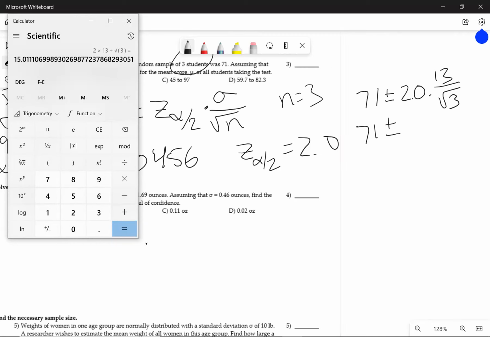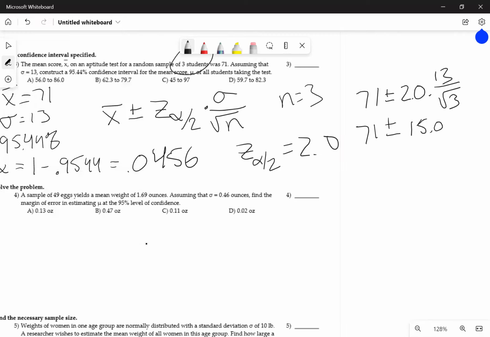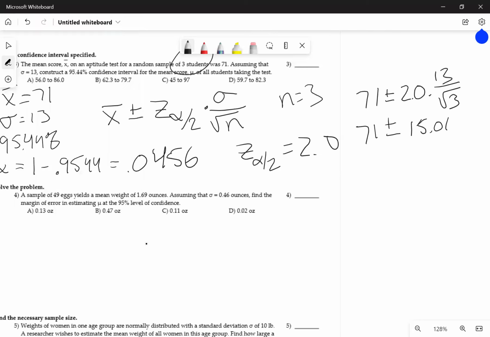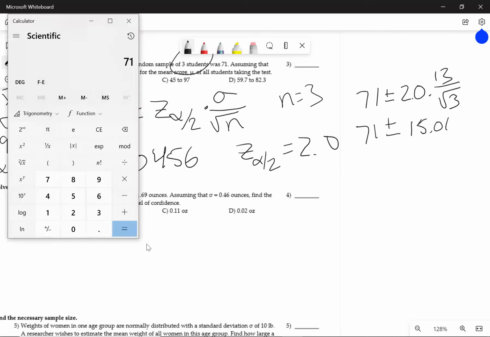15.01. Did I round that correctly? 15.01, yep. So I'm going to have 71 minus 15.01 gives me 55.99.